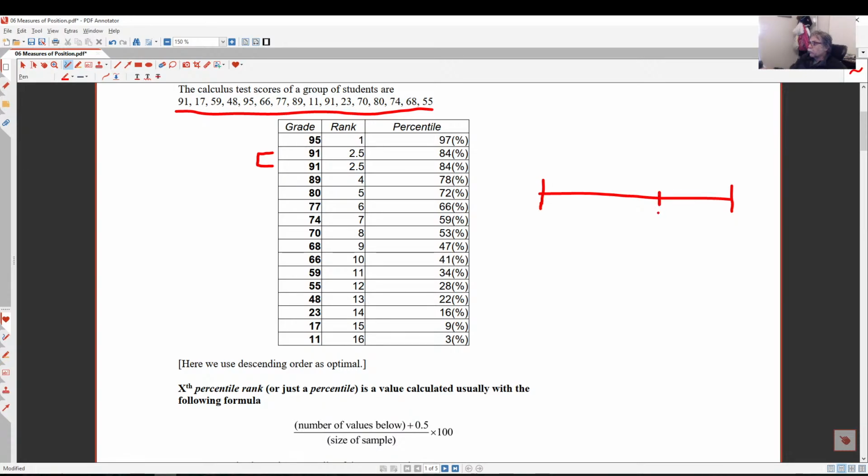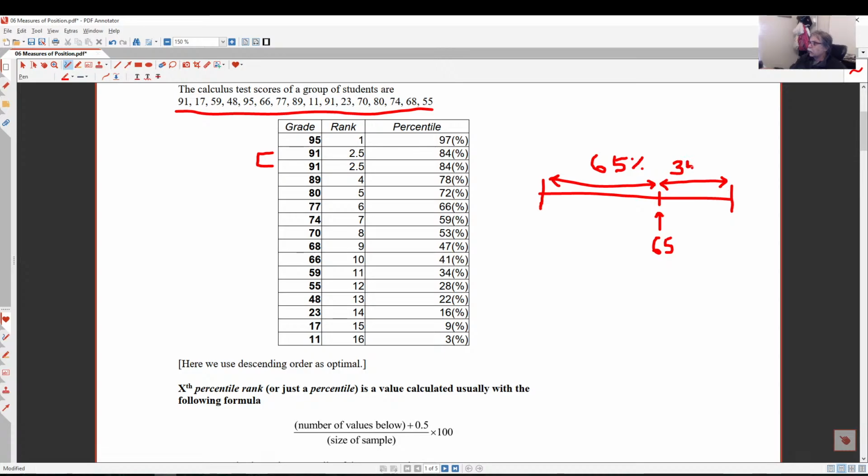So for example, if I'm talking about the 65th percentile, that would mean that the sample would be divided into 2 parts. In one part of the sample, we would have 65% of the sample, and in another part of the sample, we would have 35% of the sample.